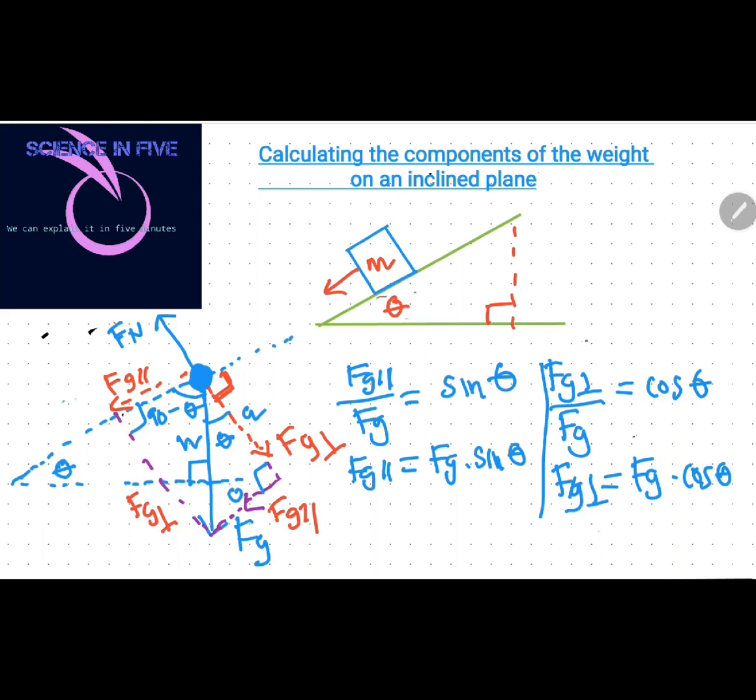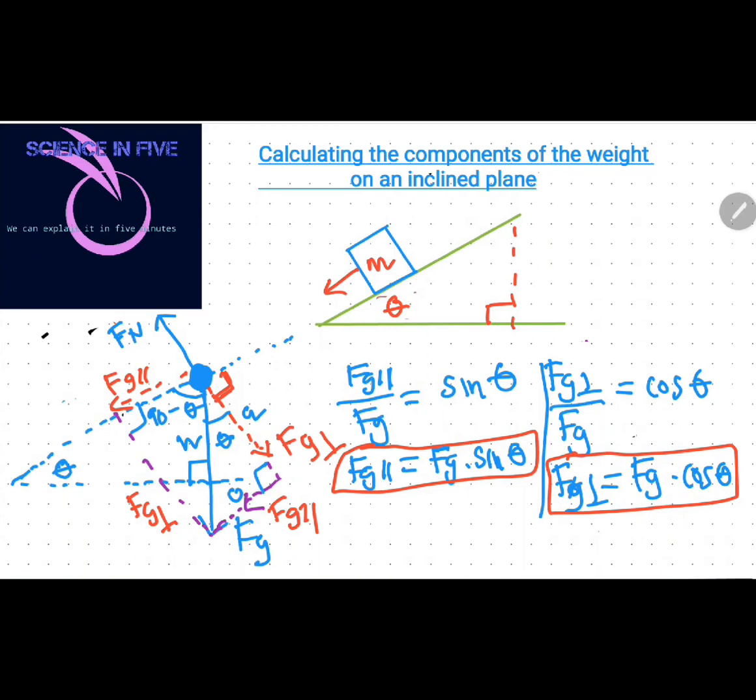So that is how I can easily calculate the components of the weight on an inclined plane. Remember, these components are perpendicular to each other, and whenever you deal with perpendicular components, one of them is always a sine, one of them is always a cos. So you need to quickly figure out which one you are going to use for the cos, which one you are going to use for the sine.